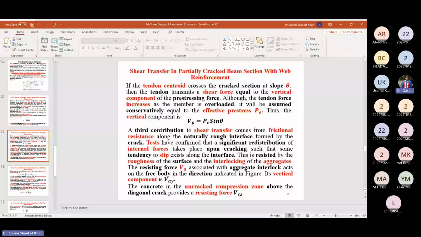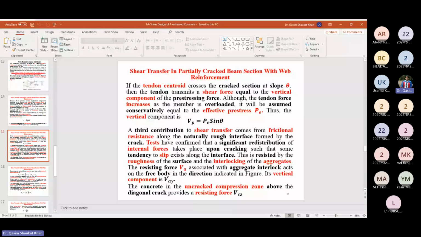Tests have confirmed that a significant redistribution of internal forces takes place upon cracking, such that some tendency to slip exists along the interface. This is resisted by the roughness of the cracked surface and the interlocking between the aggregates.